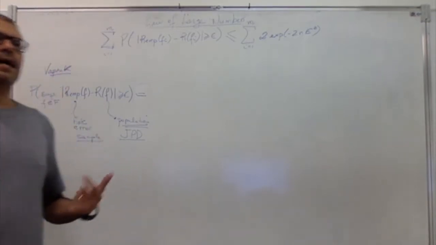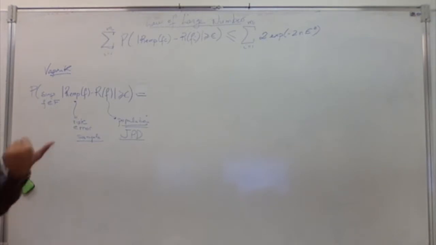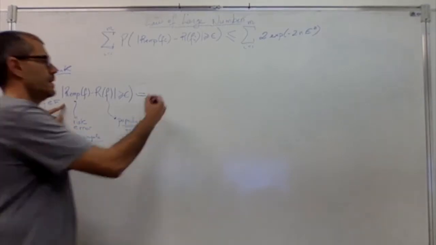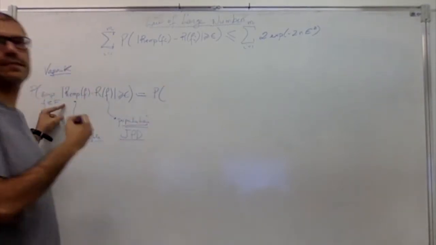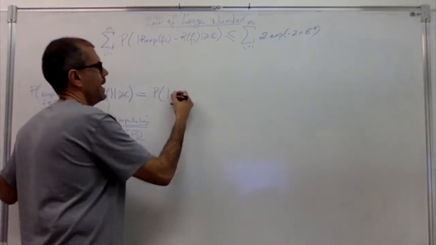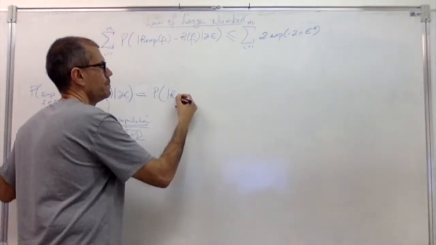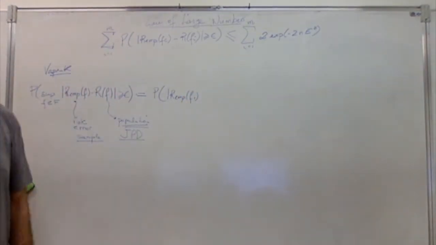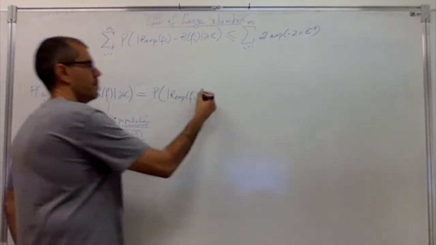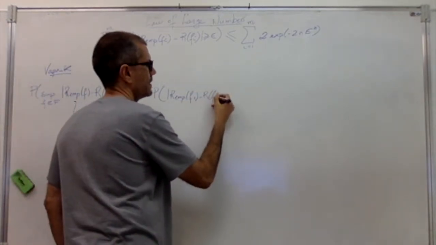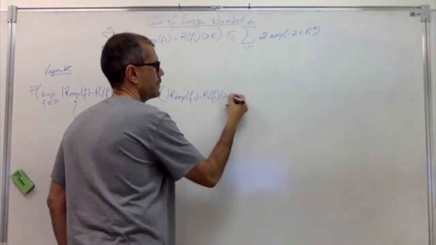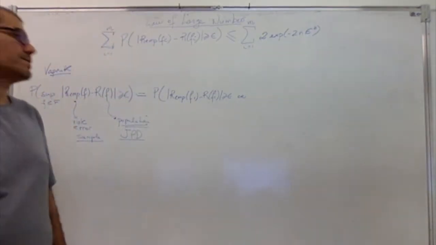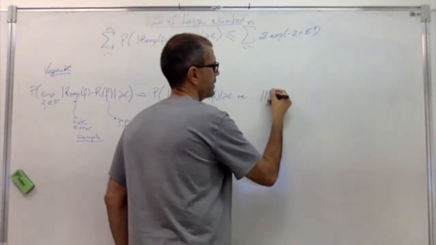But before, I think you remember that last time we discussed that this could be computed using this probability. So this is the same as the probability that the empirical risk of the first classifier inside some bias, minus its expected risk, is greater than or equal to epsilon, or the second, the third, until the last classifier we have inside that bias.